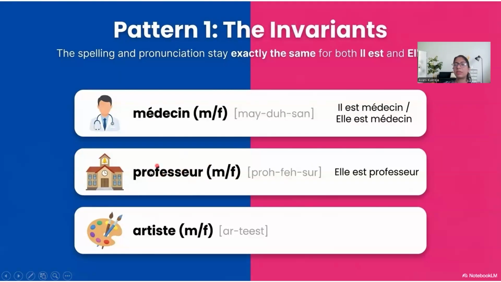Similarly, for a professor. For a male professor, we'll say il est professeur. Feminine, elle est professeur. It will remain the same. Artist is also the same. The pronunciation is artiste, everyone.